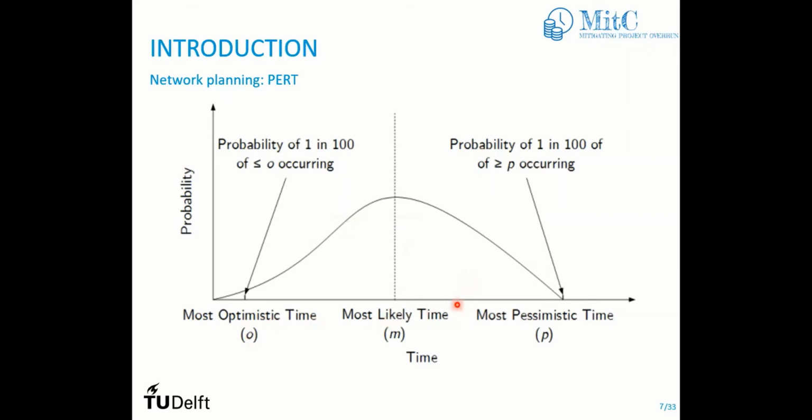Your activity can take this duration or this duration, randomly selected. Sometimes it's on time, sometimes it has delay, sometimes it's better than expected. This is the start of our probabilistic approach.